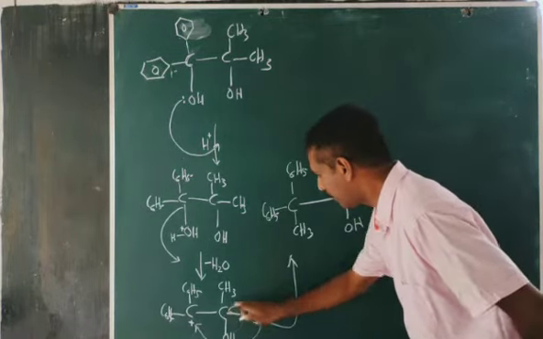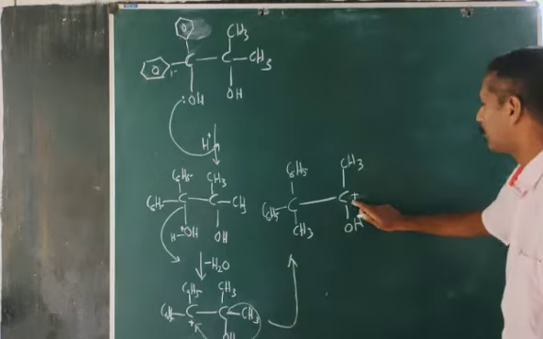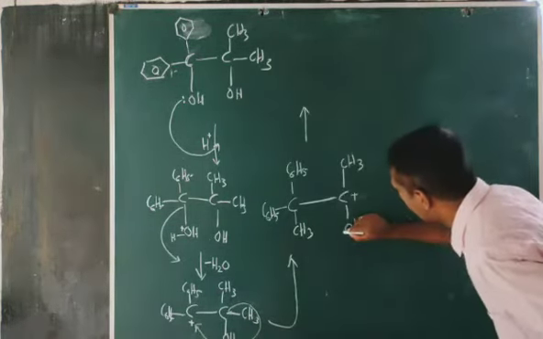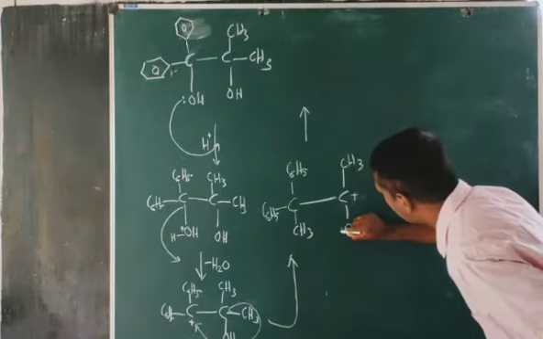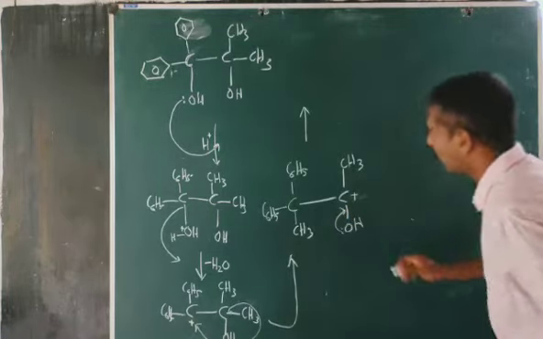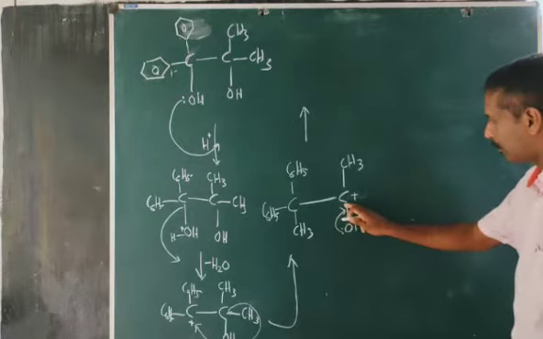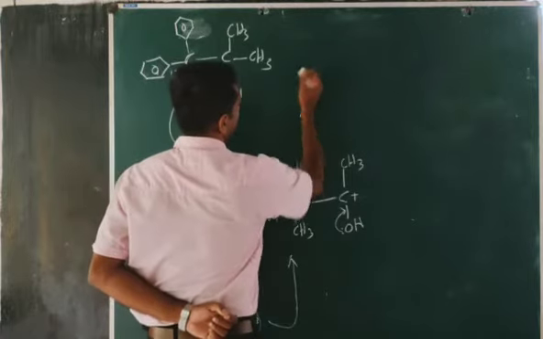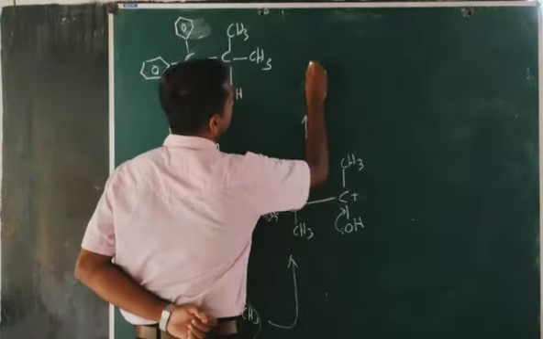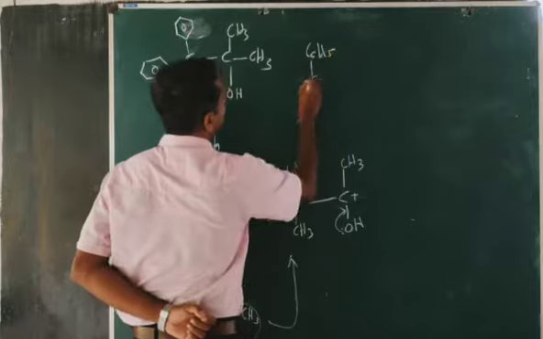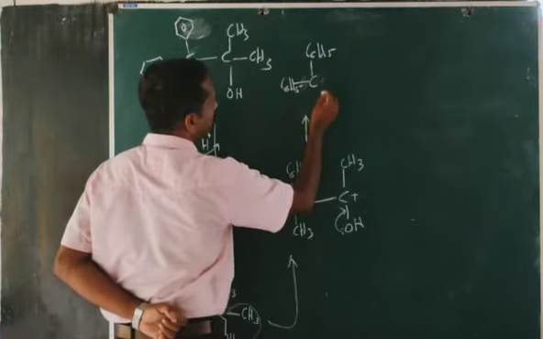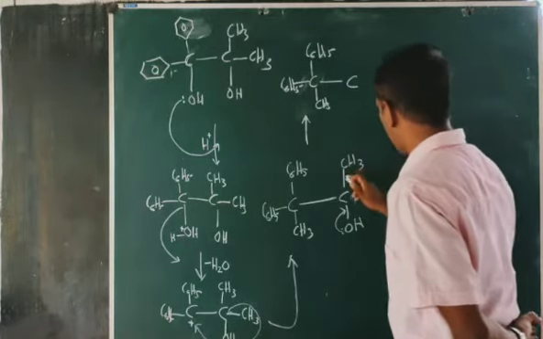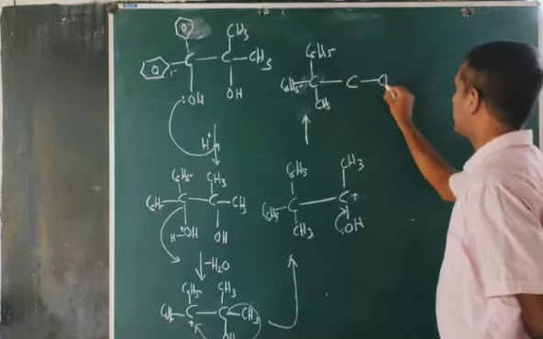And of course it will get a positive charge, since the bond is breaking from this carbon. In the next step, this pair of electrons will be shifted to here, and we get a structure like this. Look at it here: C6H5, here also C6H5, here it is CH3, and here you are getting C. This CH3 can be written like this.